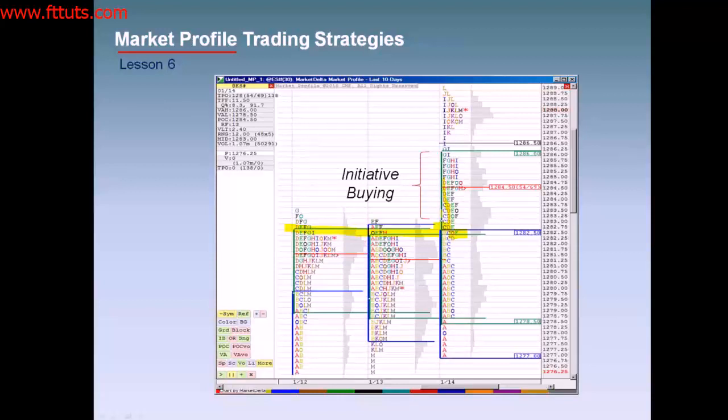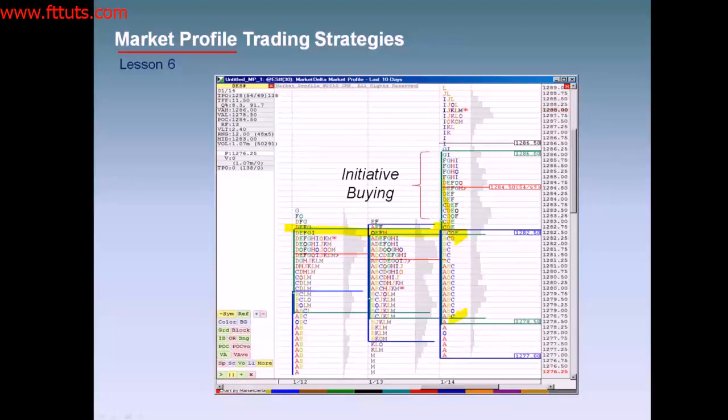Now remember our definition of an uptrend: higher highs and higher lows. Take a look at period C and where the low was for period C, and then take a look at period D and where the low was for period D. We have a higher high for period D and a higher low. Classic definition of an uptrend.